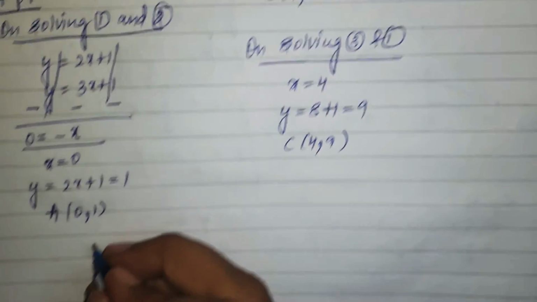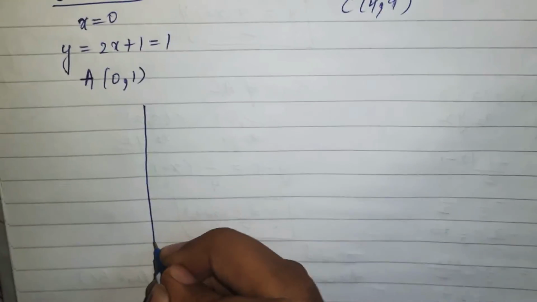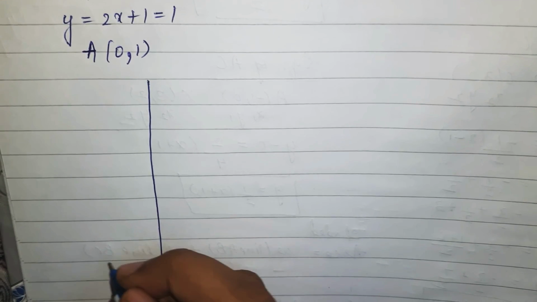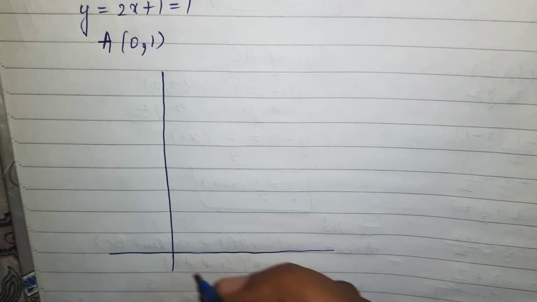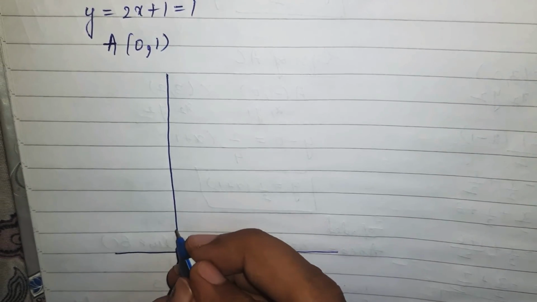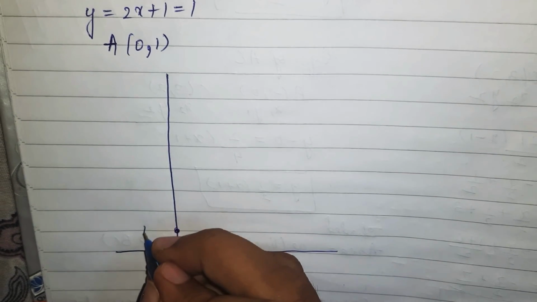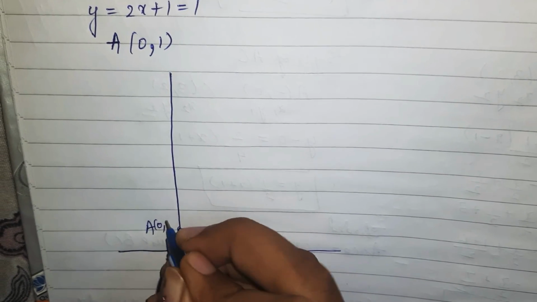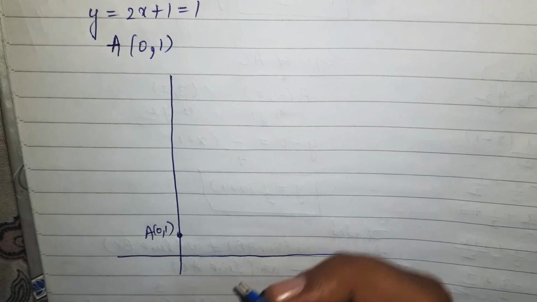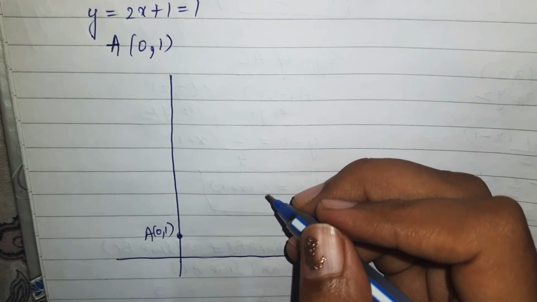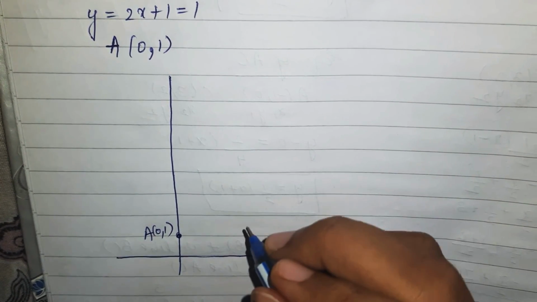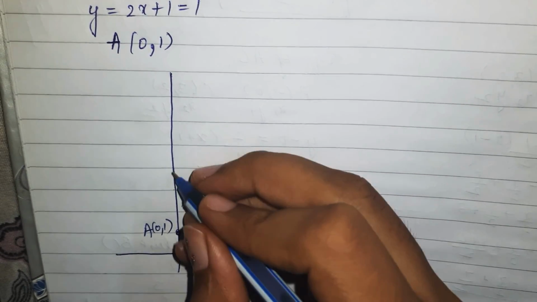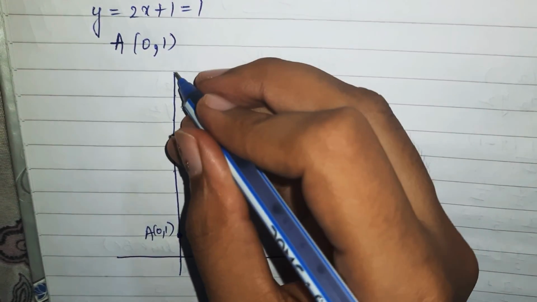Okay, come to the diagram part. Now, as per the diagram, first point is 0 comma 1. A is 0 comma 1. After that, 4 comma 9 and 4 comma 13 you need to take. Now see, this is 1, 2, 3, 4, 5, 6, 7, 8.